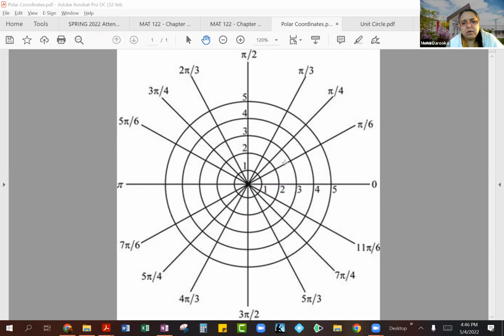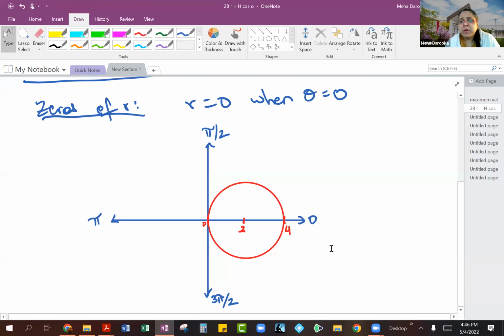So origin, maximum value, and then, of course, we would do our table, and you would come up with a circle, which would end up looking like this. So that's kind of what this graph will end up looking like. Now, since you guys are not graphing by hand, I don't want to spend too much time on the graph itself, but basically that's the idea of what your graph would look like.